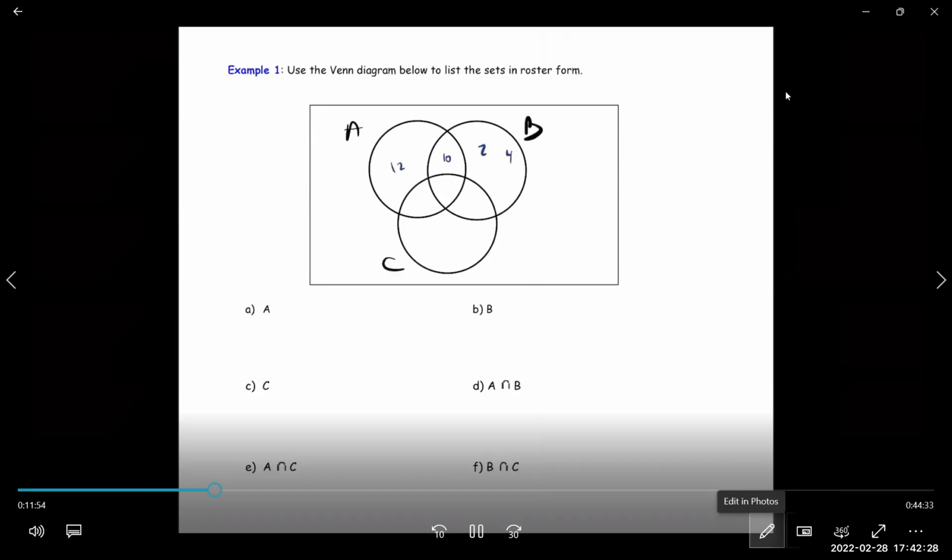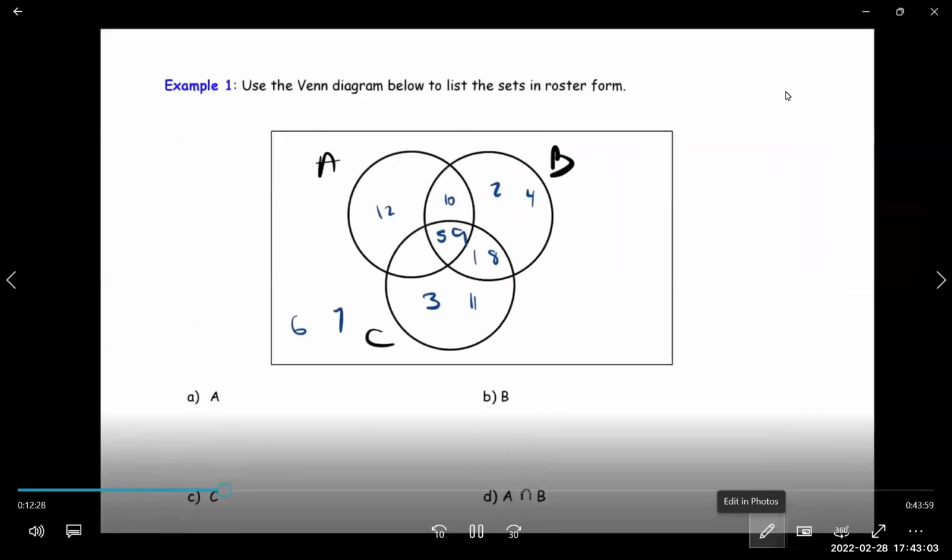We have 2, 4, 5, 9, 1, 8, 3, 11, 6, 7. Let's see, do I have all the numbers 1 through 12 or am I missing any? I think I got all of them, right? Oh, okay, 6 is down there, okay. Yeah. All right, so now it's complete. Now we can figure out what are these sets in roster form.